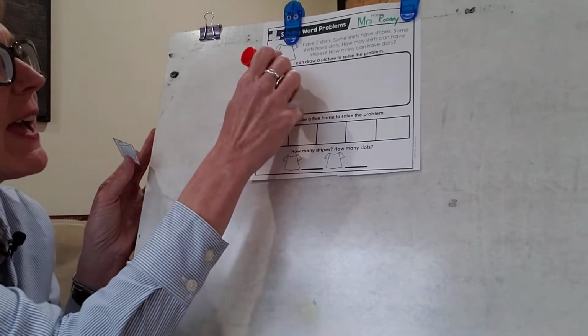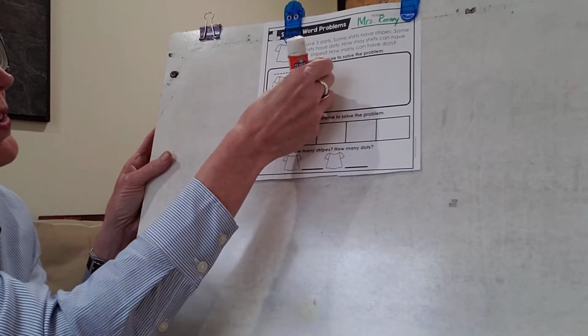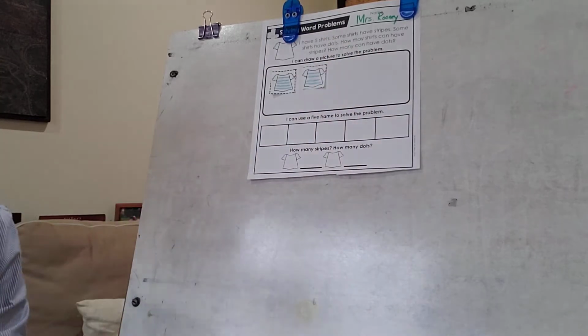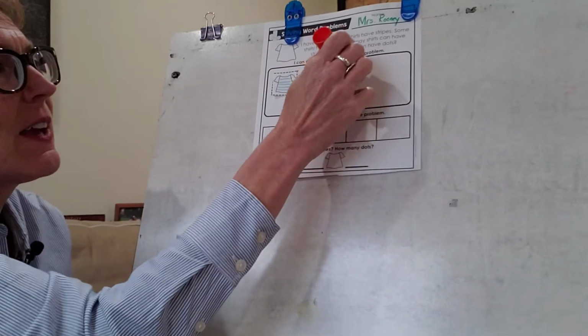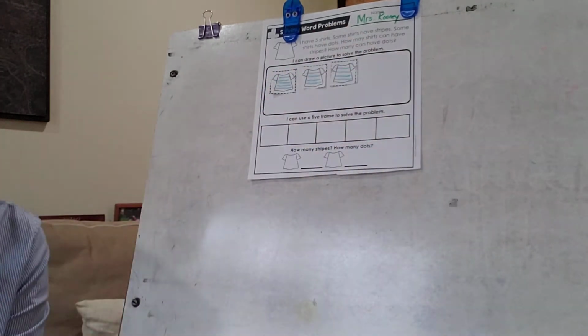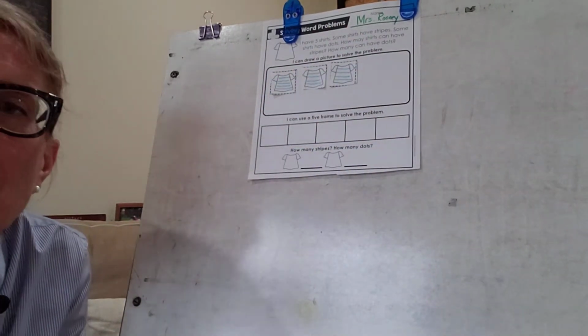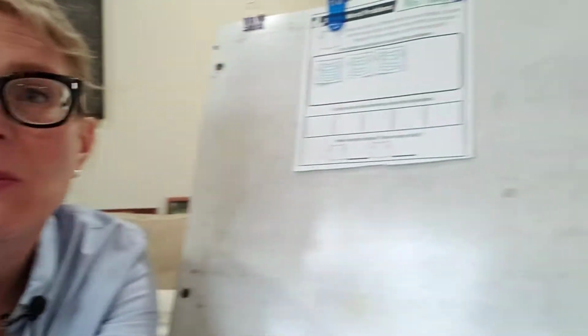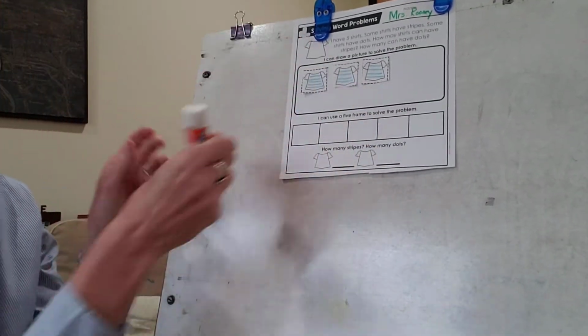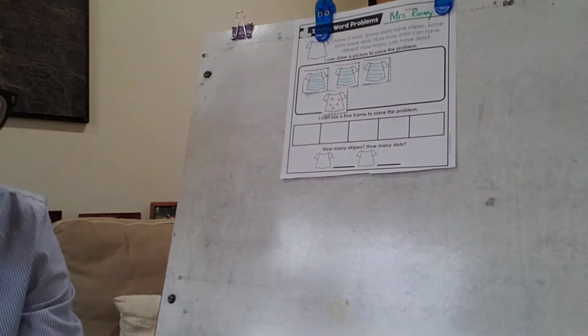So I'm going to put the shirts that I colored in that have stripes on first, okay? So I put my shirts with the stripes on. Then it says some of them have dots. So now I'm going to put my ones with my dots on.